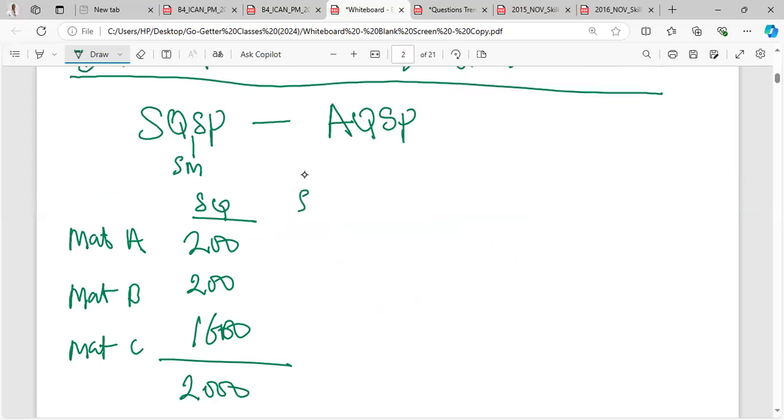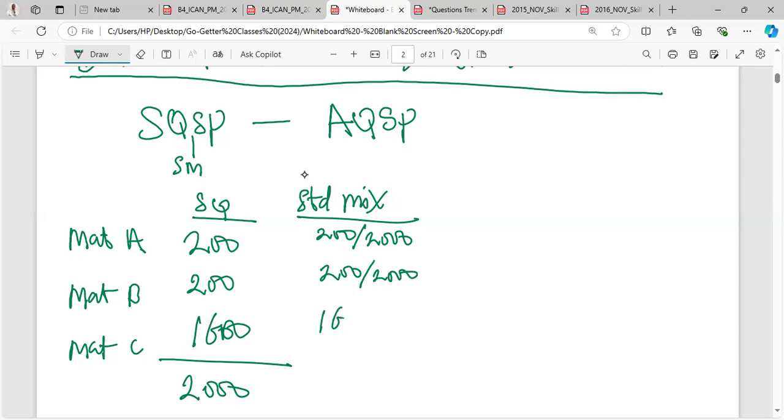The standard mix here is 200 that we used against a total of 2000. This is 200 over 2000, which gives us 0.1, which is like 10%.